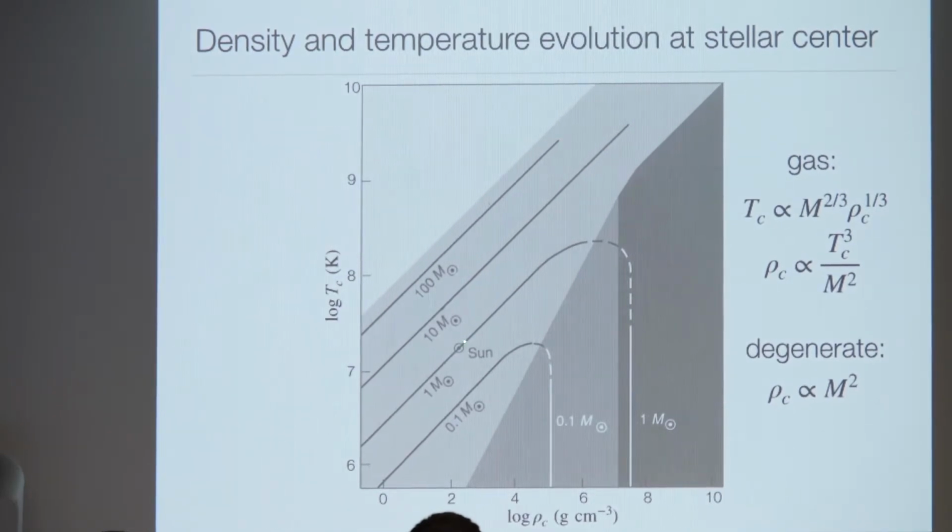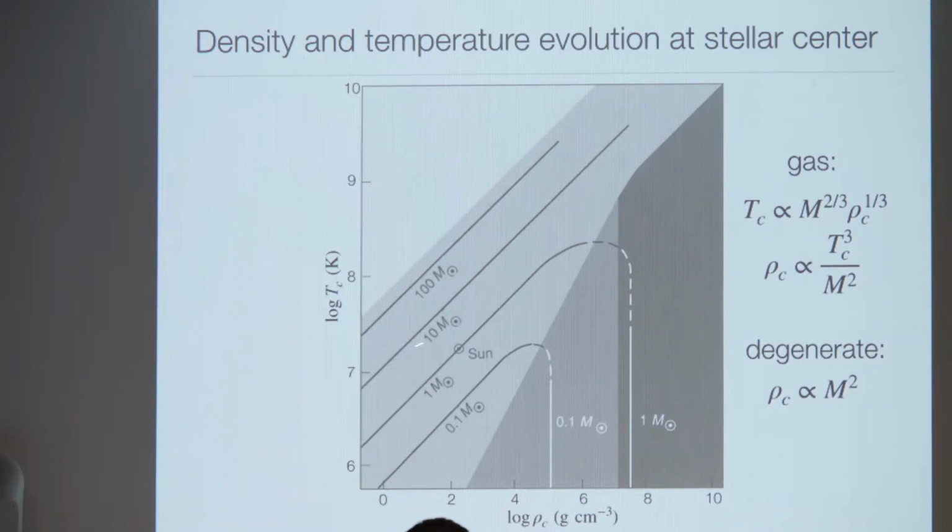So in this diagram, the higher mass star still follows the same equation, T proportional to density to the 1/3, but the line gets higher as the mass of the star increases.